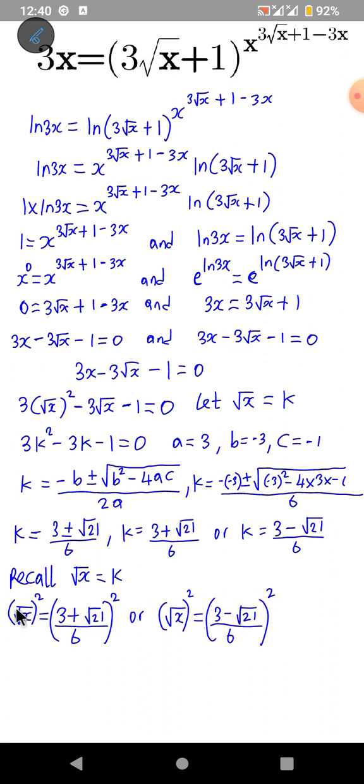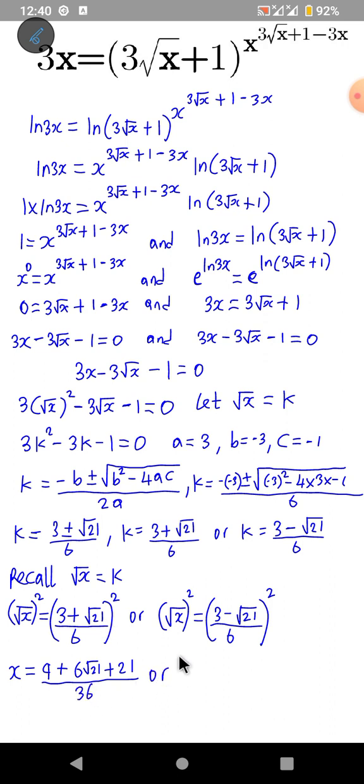Now square will divide square root sign, so we have x equal to, then I'm going to expand this, so here will become 9 plus 6 root 21 plus 21 all over 6 squared, which is the same thing as 36.